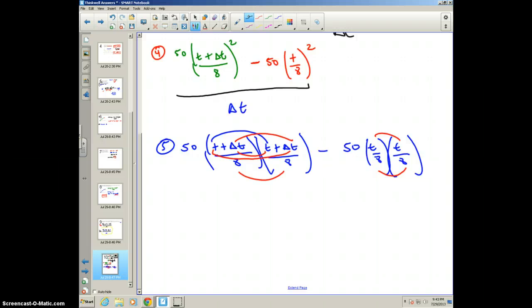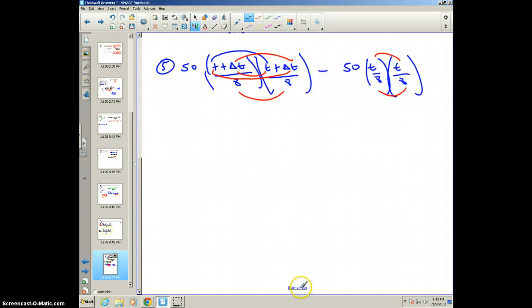What we finally end up with is, and let me expand one more time, 50 t squared plus 100 t delta t plus 50 delta t squared minus 50 t squared, all over 64.